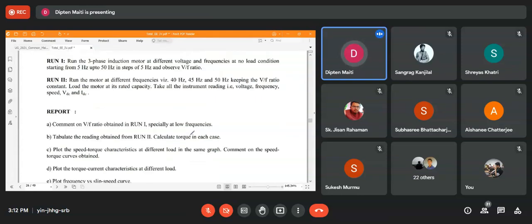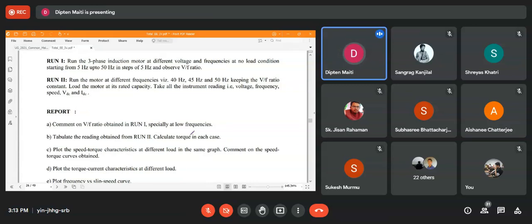Now, in the report part, comment on the V by F ratio obtained in run 1, specifically at low frequencies. Of course, we discussed that at lower frequency there would be a certain voltage boost automatically added by the controller. Otherwise, you have to do this if you take out the controller. Tabulate the readings obtained from run 2 and calculate torque in each case.